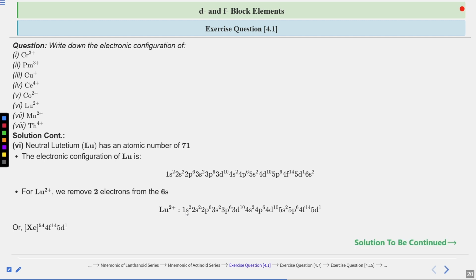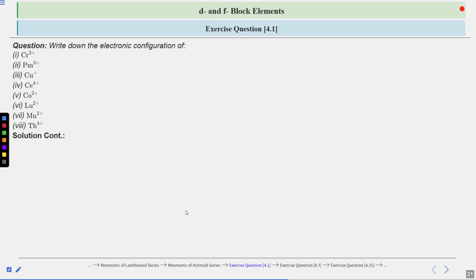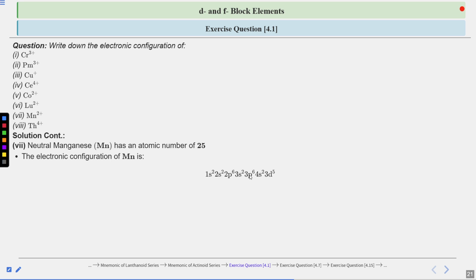Then for the seventh part, that is manganese 2 positive, the neutral manganese has atomic number 25. So the configuration of manganese is 1s2, 2s2, 2p6, 3s2, 3p6, 4s2, 3d5. For manganese 2 positive, we have to remove 2 electrons from the 4s subshell, because 3d5 is the stable one.